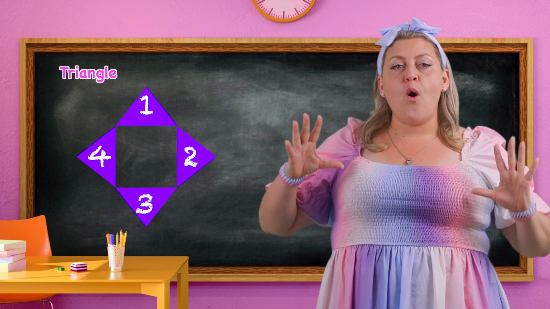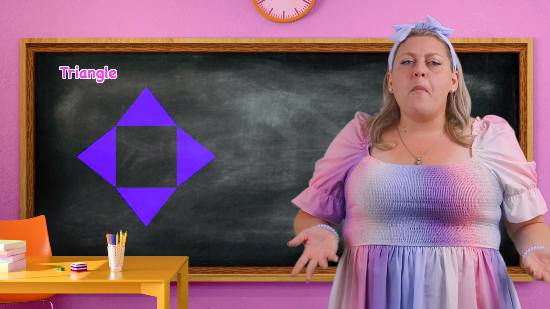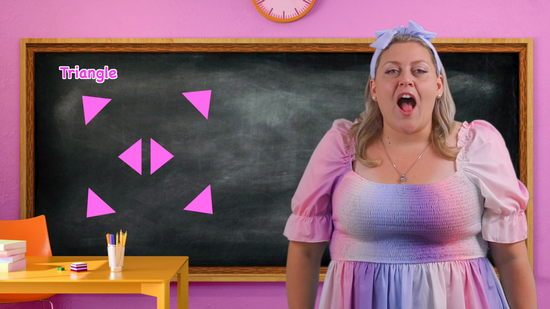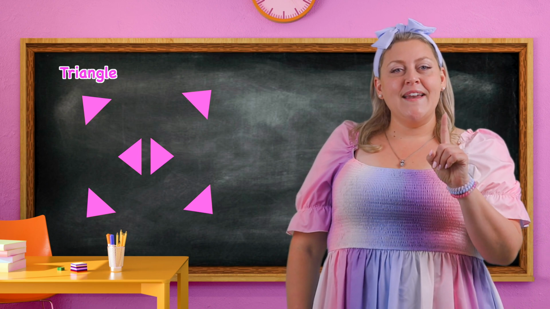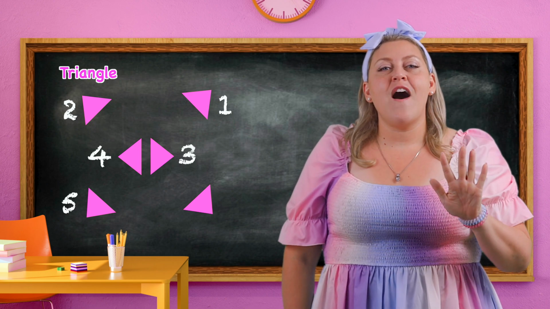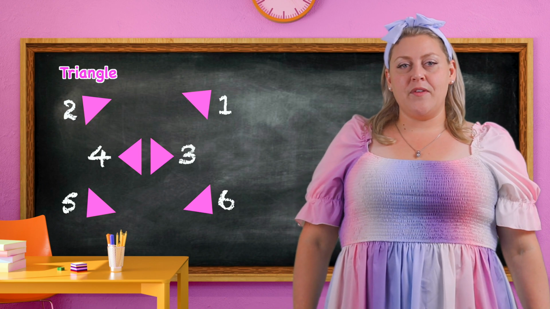You counted 4 big triangles. What about the small triangles? Can you count those too? Give it a try. 1, 2, 3, 4, 5, 6. You counted 6 small triangles.